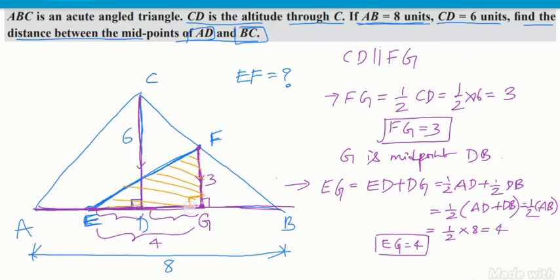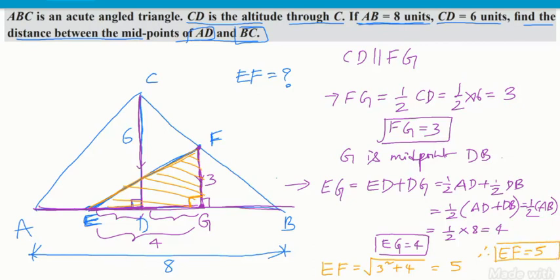Why? Because here we have 90 degrees. So this is the hypotenuse. Hypotenuse square is equal to the sum of the squares of the other two sides. Pythagoras rule we can apply. So EF is equal to the square root of 3 square plus 4 square, which will give you 25. 25 means 5. So EF is equal to 5. Therefore EF is equal to 5.